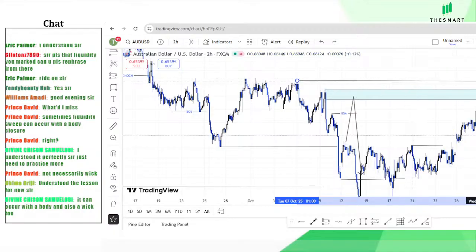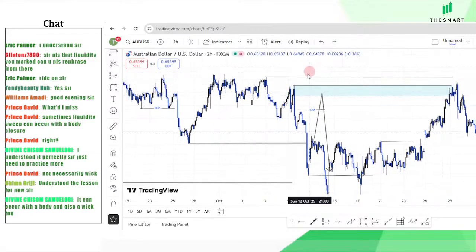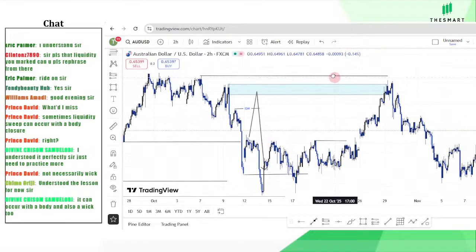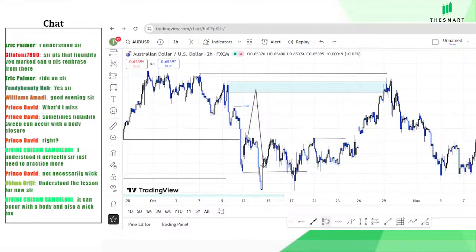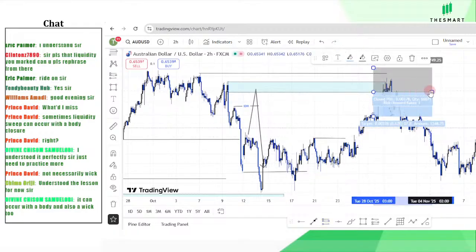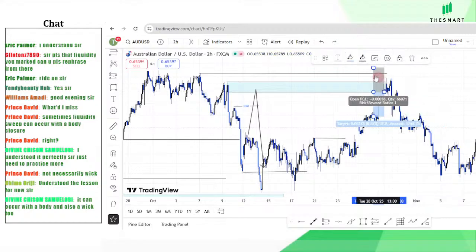Because this is a mistake a lot of traders make. You can't come to take a trade from this type of supply that has liquidity above it and put your stop loss here. No, it won't work. Why are you being stingy with that stop loss? You want to make money, but you don't want to donate money to the market.